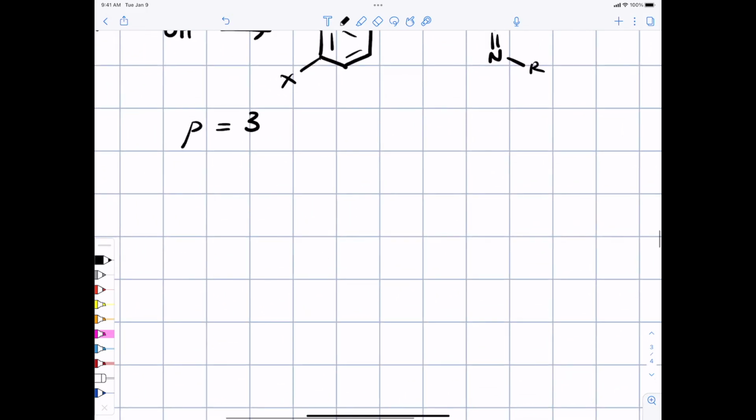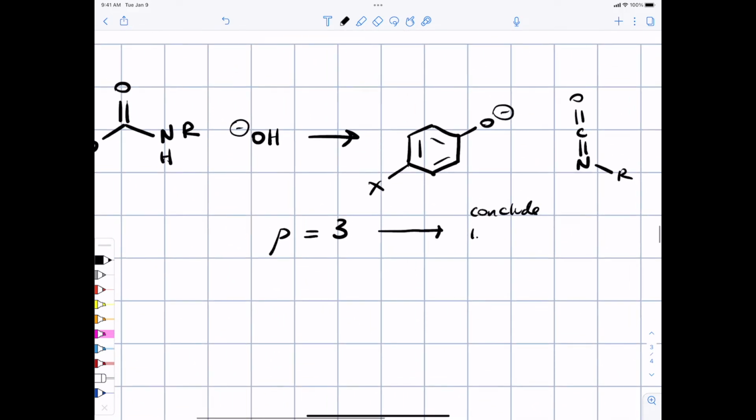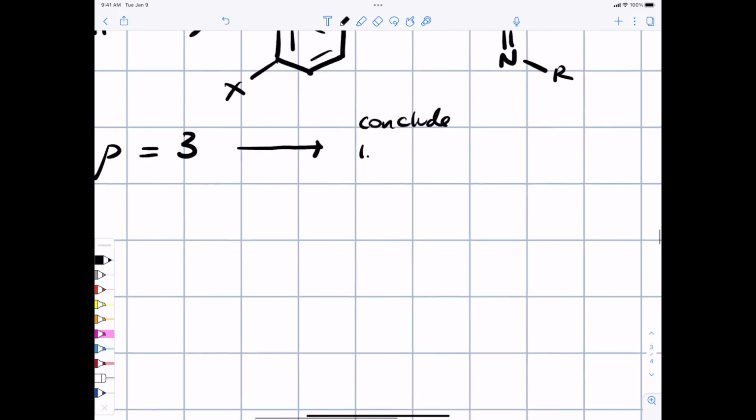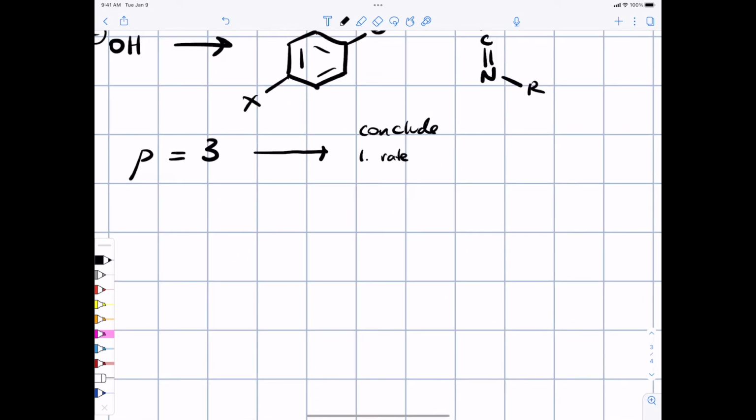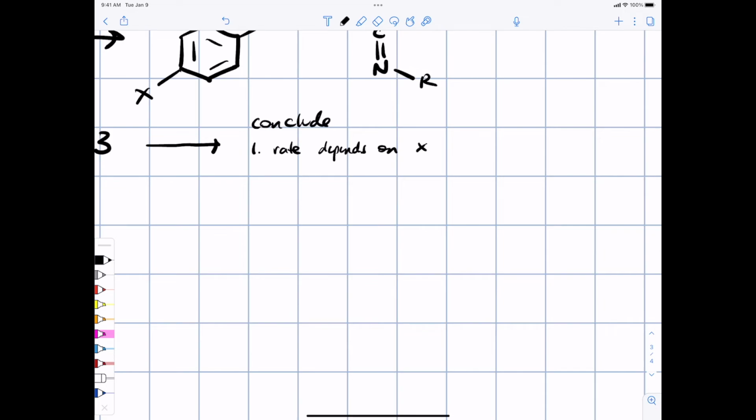So right away, that tells us two things. First, let's just imagine we're measuring the rate of the reaction. The rate of the reaction depends on X in a similar way as did the equilibrium constant for the benzoic acid reaction.